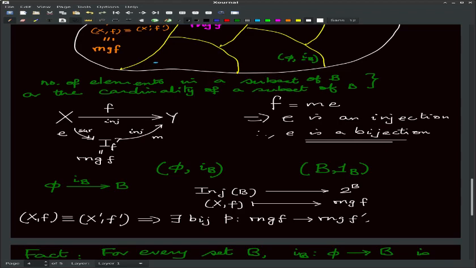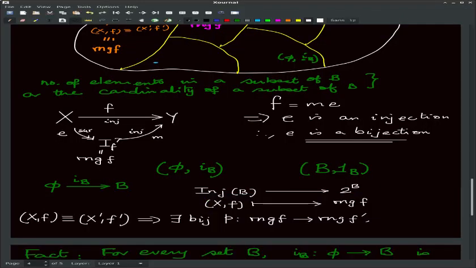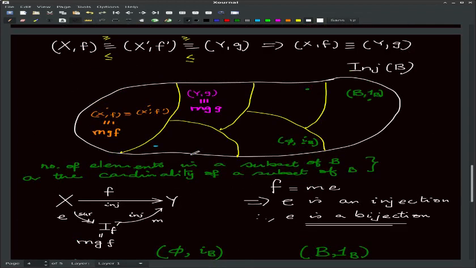It's clear now. Yeah. So that's what I was saying. So that's the range of it. So you see, this now tells us that with these injections, given a set B, we can make a counting in this way.